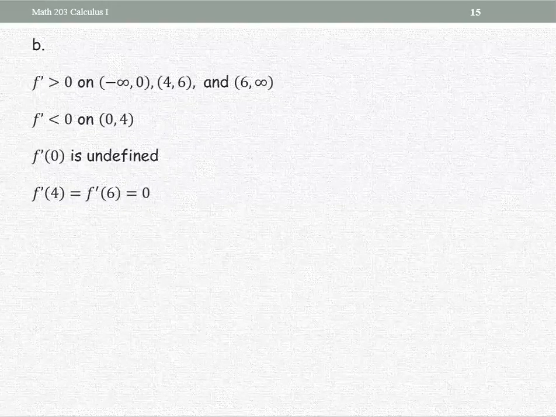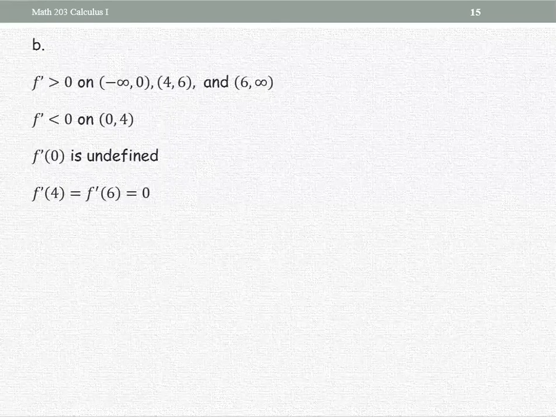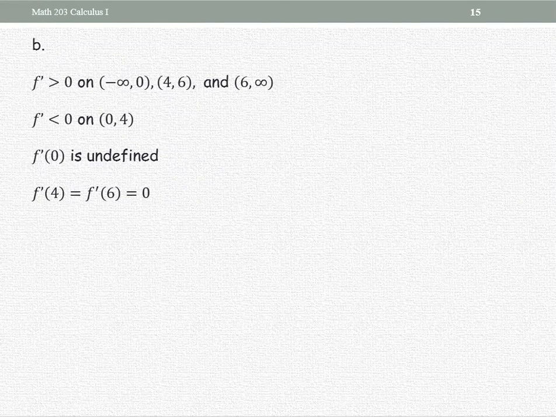In this example, we have f prime greater than 0 on the intervals negative infinity to 0, 4 to 6, and 6 to infinity. That means the function is increasing. F prime less than 0 on the interval 0 to 4, that means the function is decreasing within this interval.